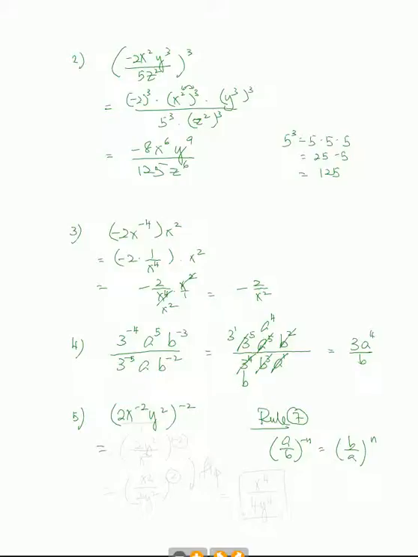So that's probably what I will think about, because what I'm going to do now is look at 2x to the minus 2 over y squared, and I'm looking at it as over 1. And what I'm doing is keeping the 2 and the y squared on the top, but I'm sending the x squared to the bottom. Okay, but the exponent is still negative.